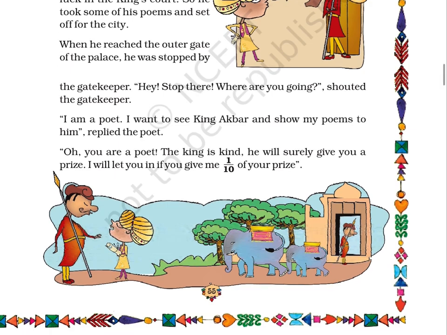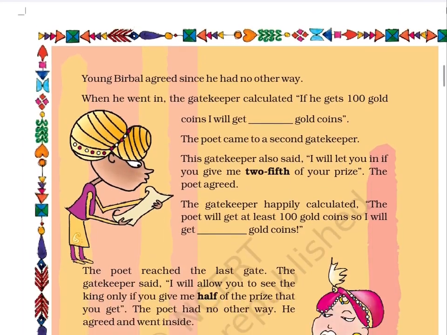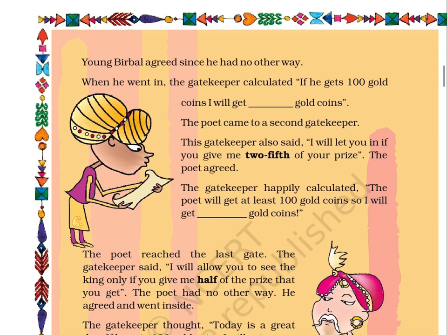Page 56. Young Birbal agreed, since he had no other way. When he went in, the gatekeeper calculated, "If he gets 100 gold coins, I will get dash gold coins." The poet came to a second gatekeeper.